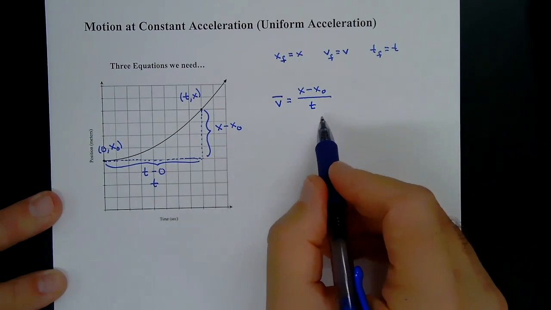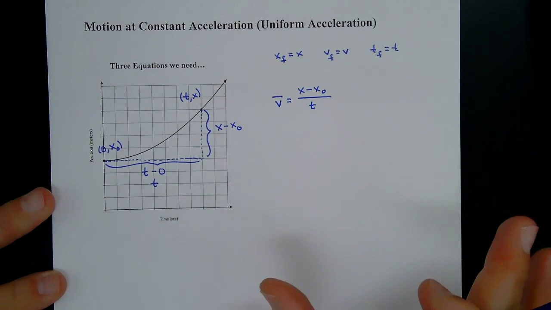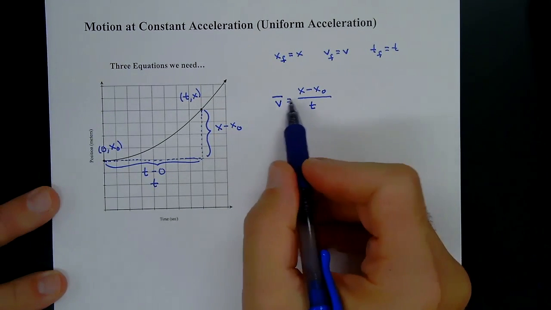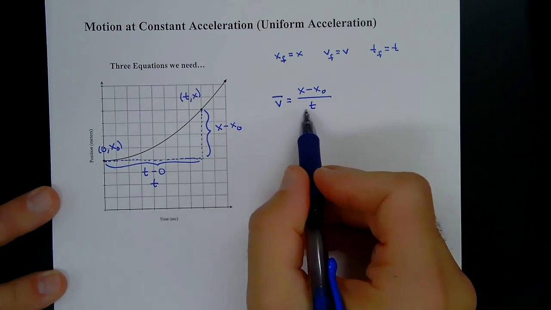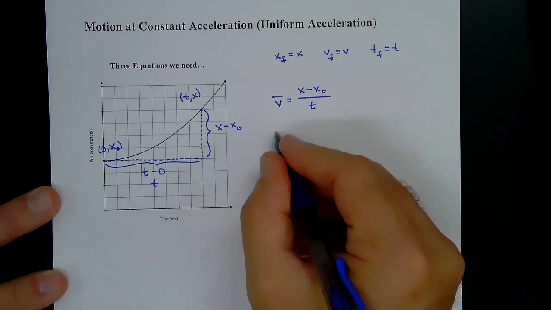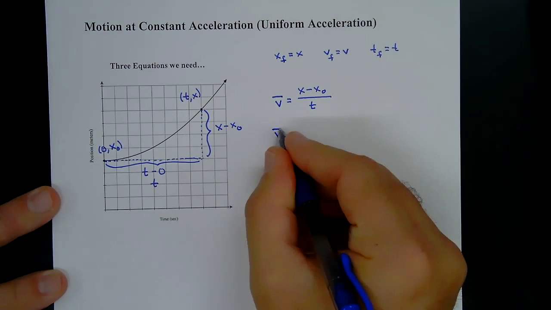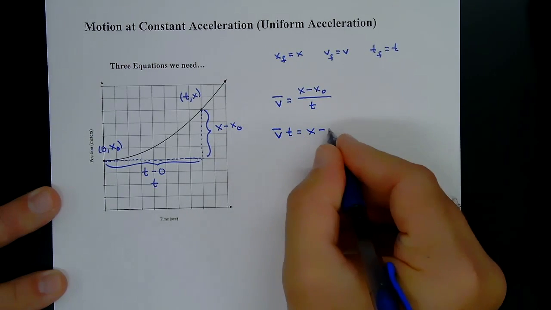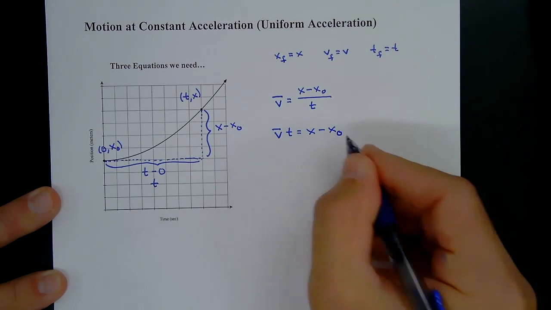All right, so now we're going to multiply. So now we have this equation, and its average velocity is displacement over the time. And we're going to multiply both sides of this equation by time, which on the right-hand side, the time is going to cancel out. And so we have the average velocity times time is equal to x minus x sub o.